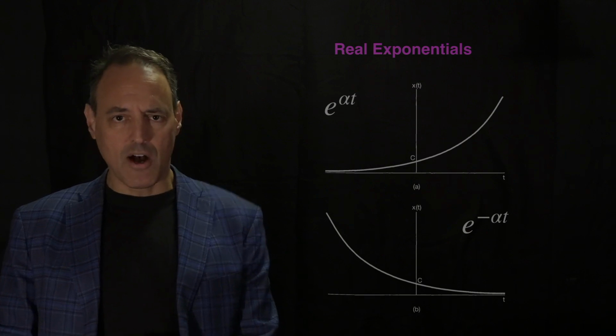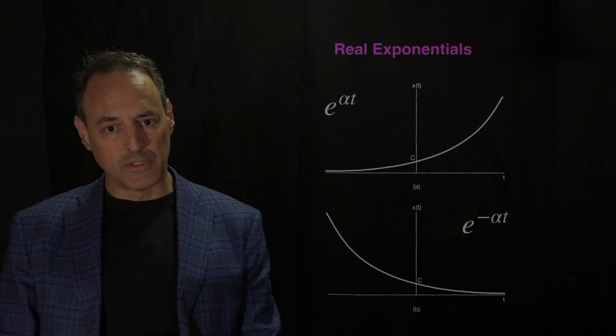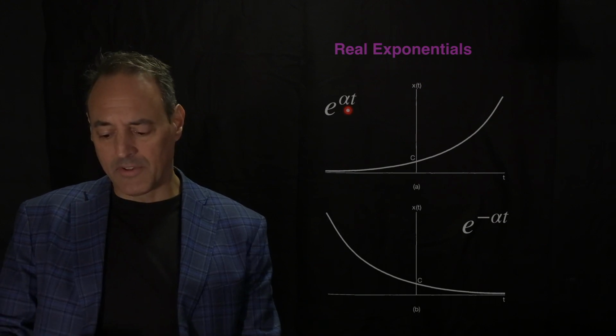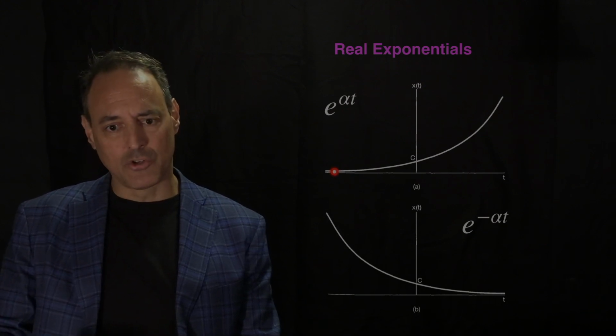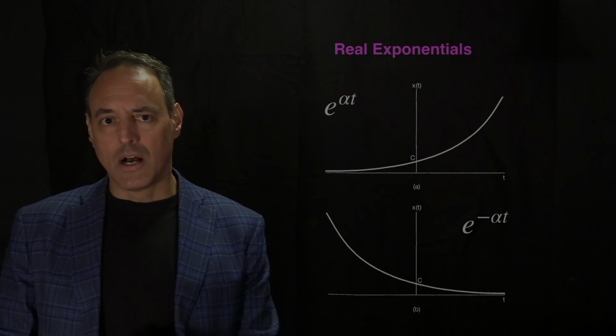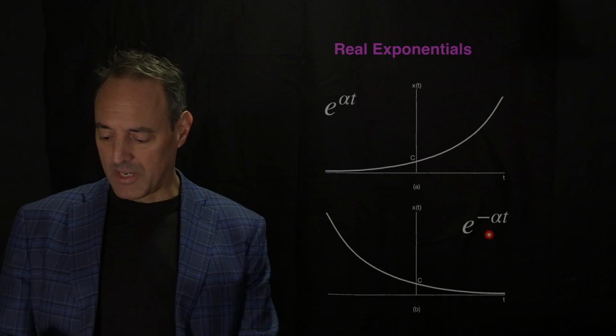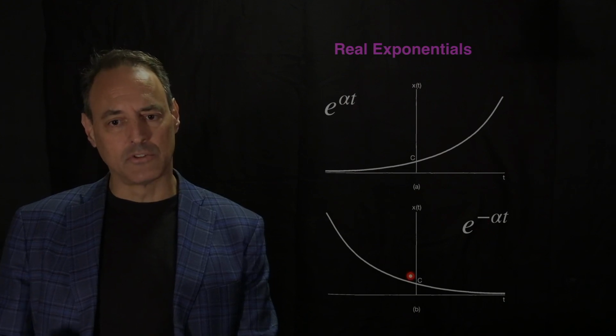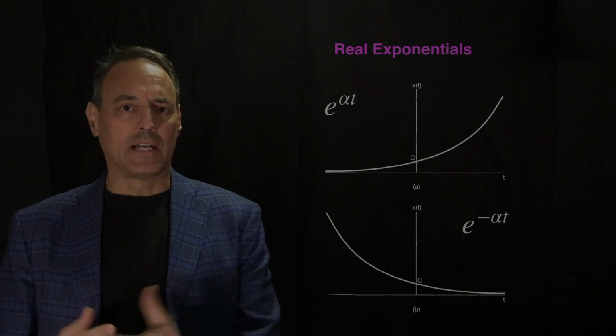But first, let's start off and just say, what if alpha is real? There are two possibilities. If alpha is real, I could have e to the alpha t, which is exponential growth, which means signals are just growing exponentially. If I also have a real signal with a negative sign in front, e to the minus alpha t, this signal just decays. So these are real exponentials.